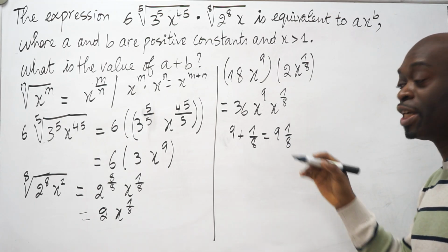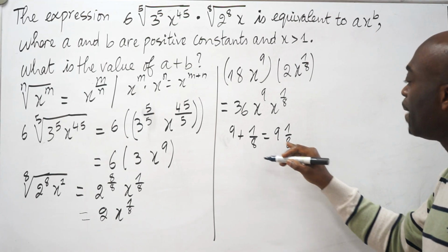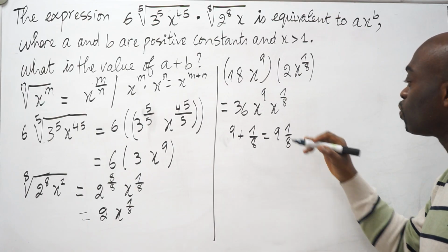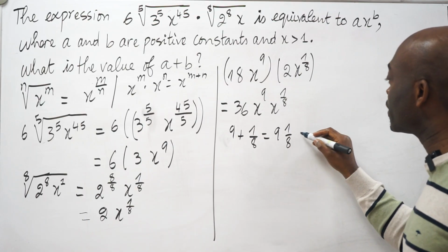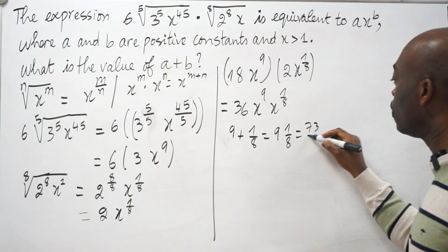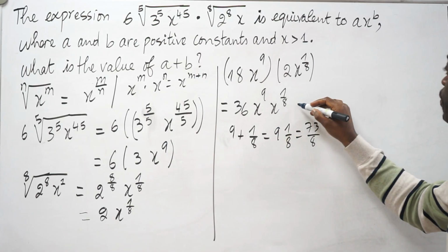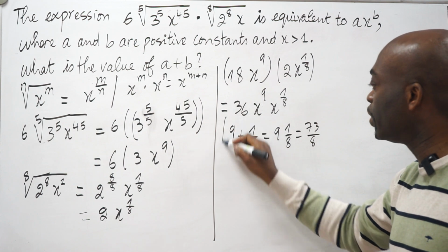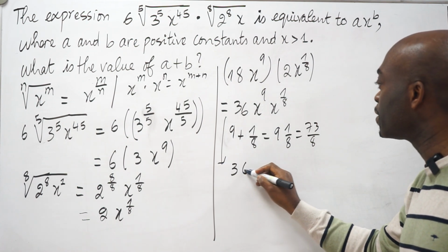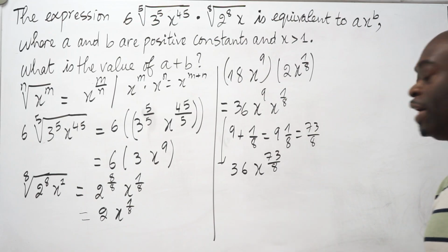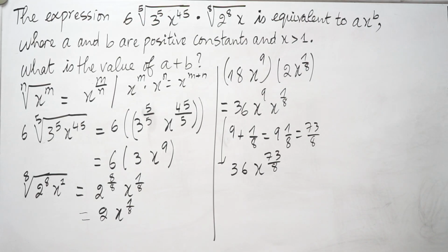And then you can just change it into an improper fraction by multiplying 9 by 8, which is 72, plus 1, which is 73. So that's just the same thing as having 73/8. Okay, so afterwards, this one will be equal to 36, so we bring this one down. This is 36x to the power 73/8. Are we good so far?